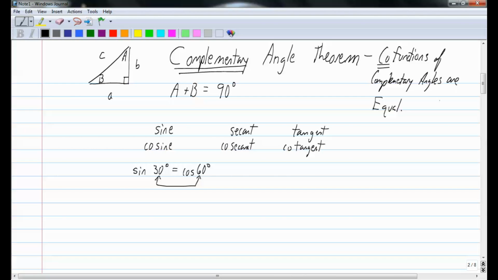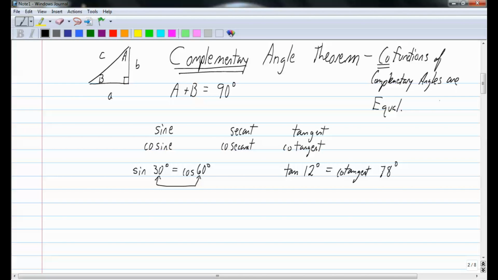Well, even if I don't know what they're equal to, if they add up to be 90, then those are equal. For example, the tangent of 12 degrees must be equal to the cotangent of 78 degrees, because 12 plus 78 is 90.